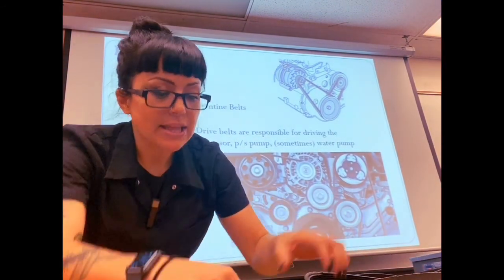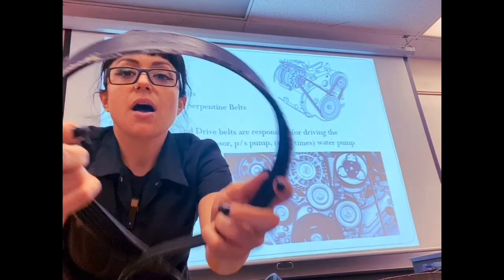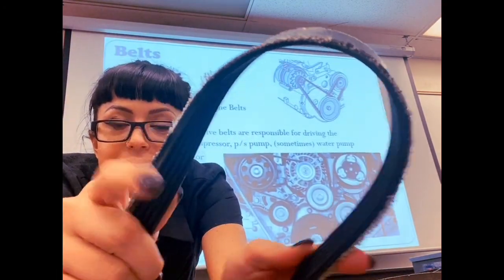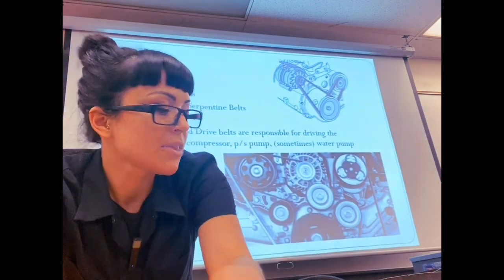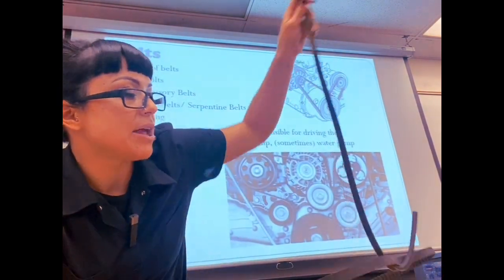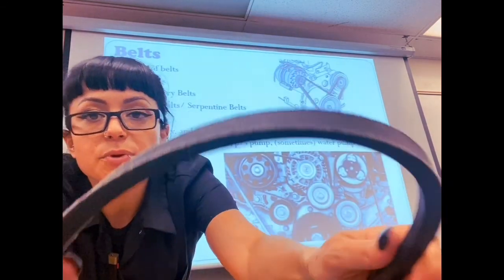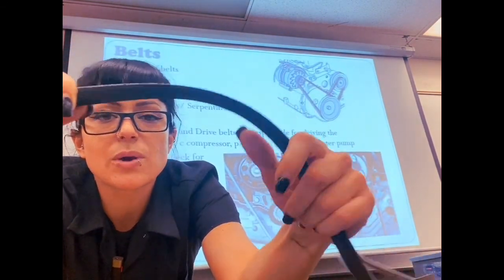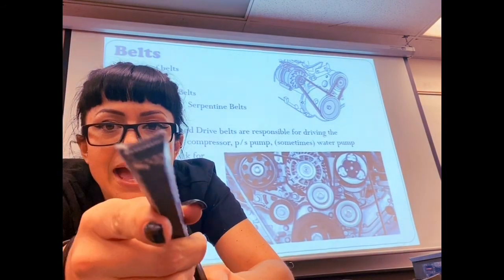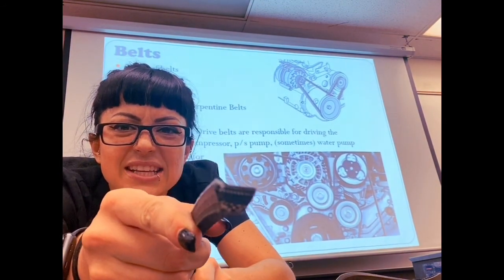So real quick, I'd like to show you, we've got a belt that's clearly bad, but you can see on the inside, we call those long lines ribs. We have other belts that don't have any ribs at all. If we look at this belt here, looking underneath it, it just sort of looks like a square, but it's actually not, because if you cut it in half, it looks like a V, kind of.